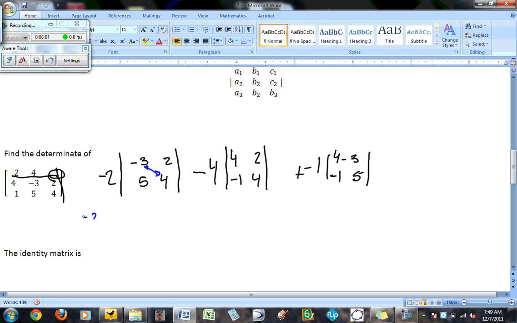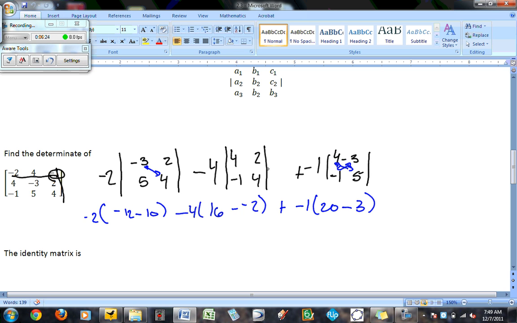So we're going to have a negative 2 times negative 12 minus 10, minus 4 times 16 minus a negative 2, plus negative 1 times 20 minus a positive 3, because what I was doing is cross multiplying and subtracting.